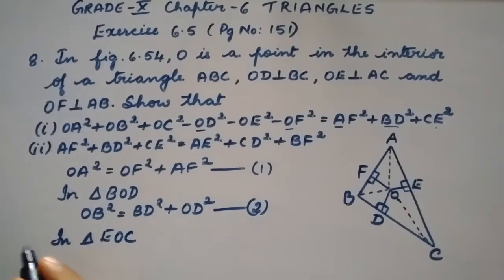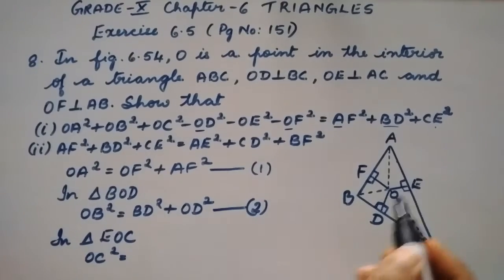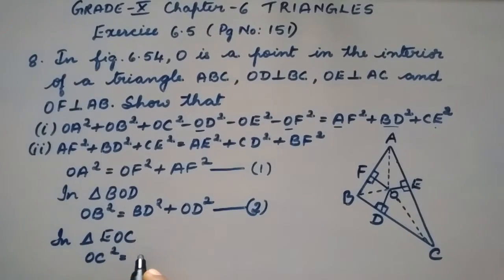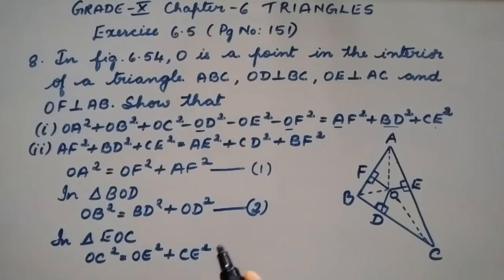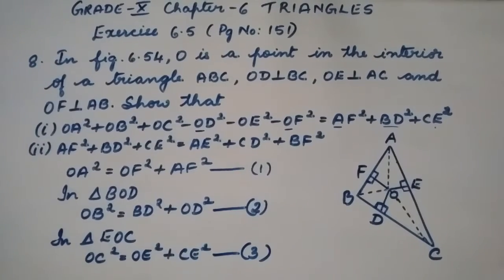We have OC square is equal to, since it is a right angle triangle, OE square plus CE square. Let us consider this as 3.